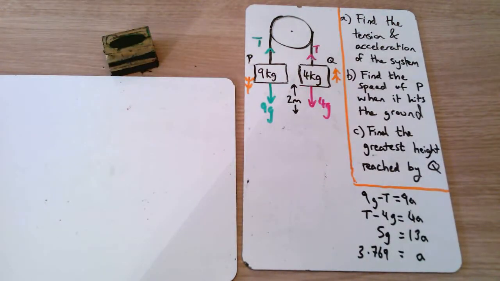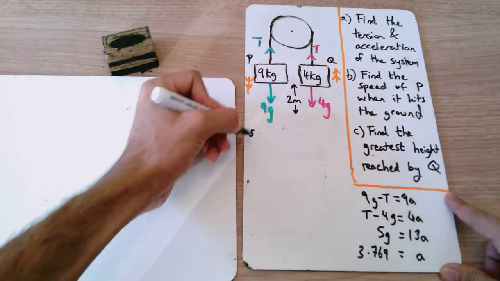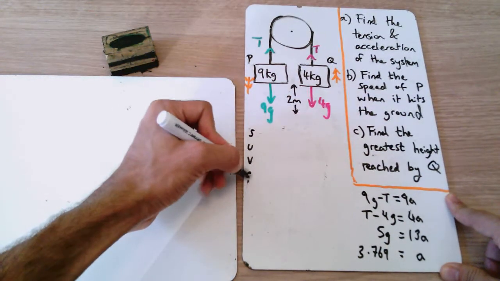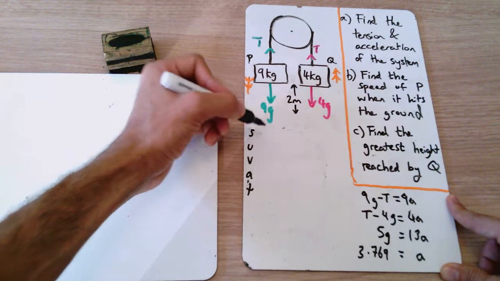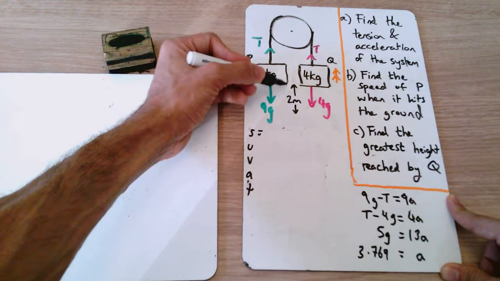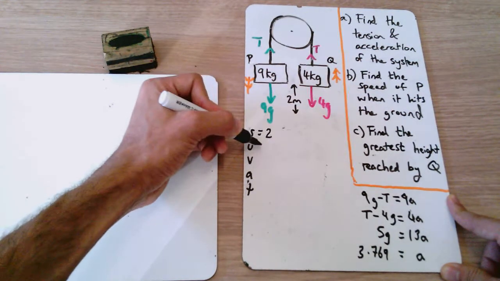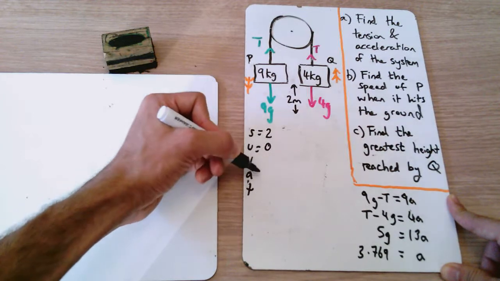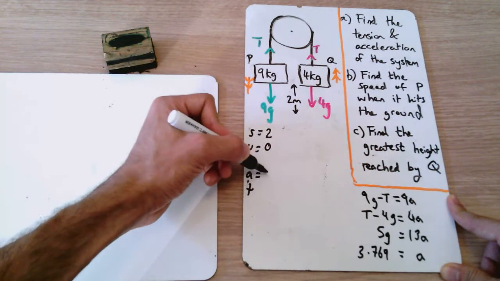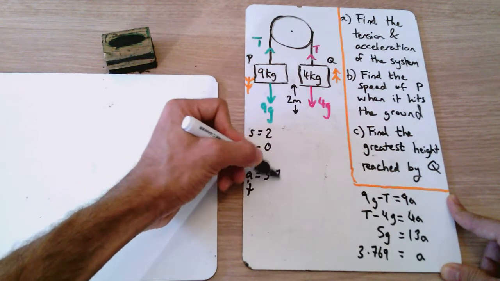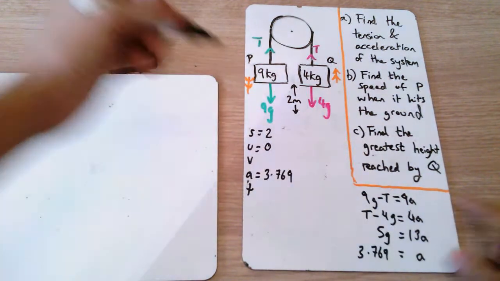And if we apply the values of SUVAT that we've worked out, we know the distance traveled in this case is 2 meters. The initial velocity is 0 because it starts from rest, and the acceleration is 3.769.